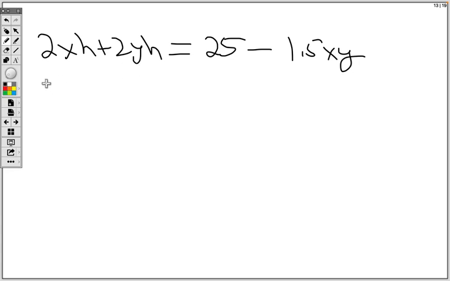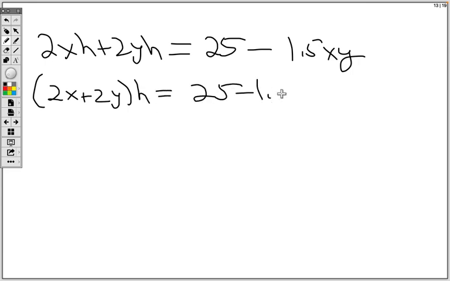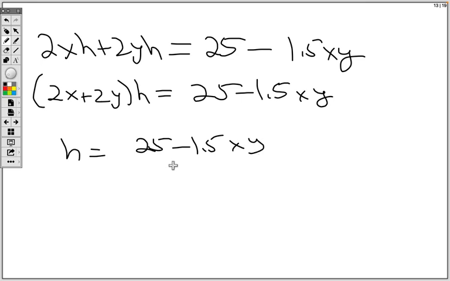And then we could factor h out of here, and then divide it through. And there it is. So notice h is completely symmetric in terms of x and y as well.